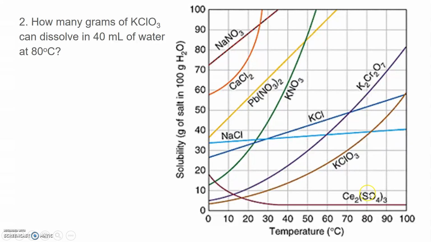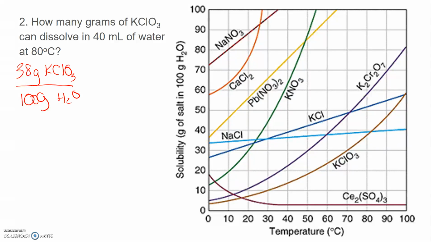So if we look at 80 degrees, we said about 38 grams of KClO3 could dissolve per 100 grams of H2O. Okay, so we want to find out how much can dissolve in 40 milliliters of water.